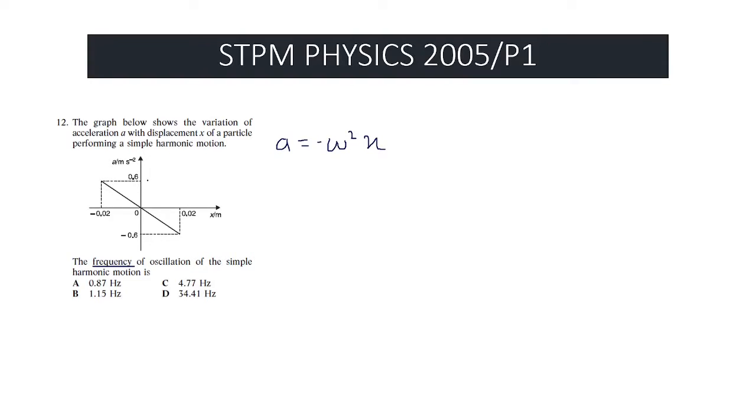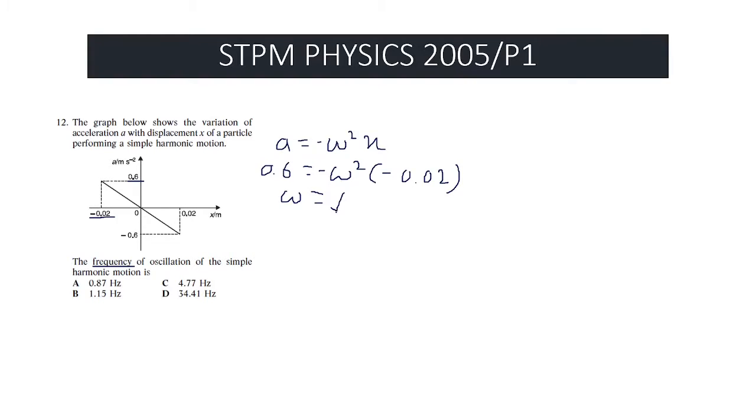We take the acceleration a to be this 0.6, so we have 0.6 equals minus omega square. At this acceleration, it corresponds to the x of minus 0.02.